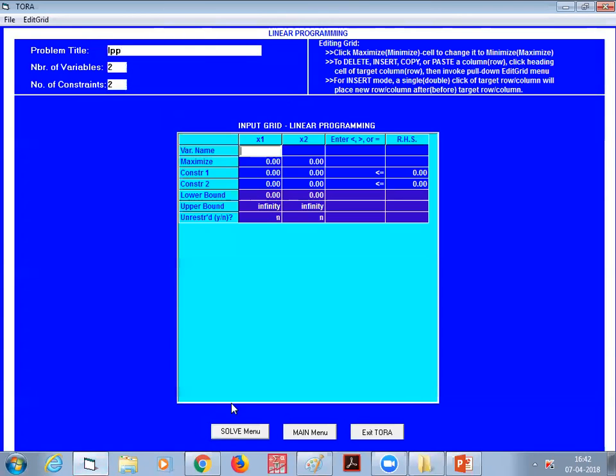Okay, so the previous problem itself, anyone remembers the objective function? 1, 2, and 1, 1, 2, 1, right? And this was less than or equal to 100, and this is greater than or equal to 40, right? And this is greater than, okay?